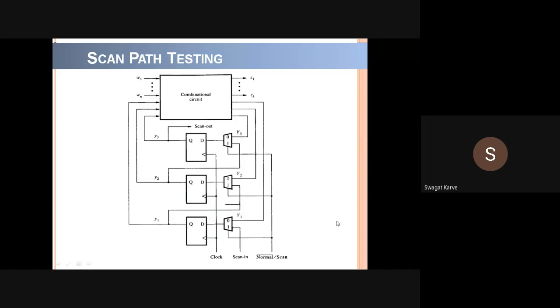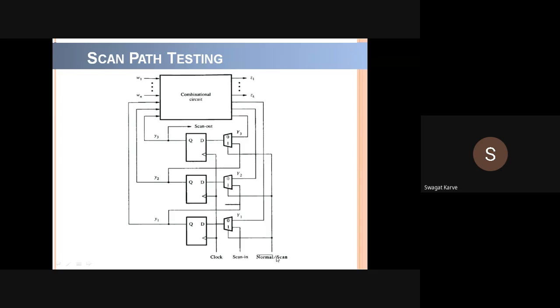In the third step, you have to disable the scan pin and give one clock pulse.